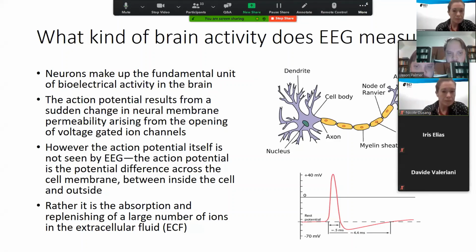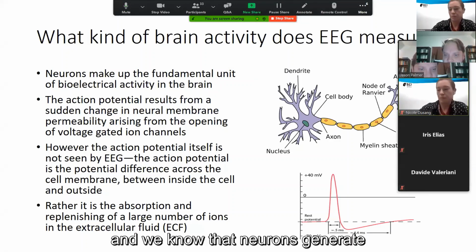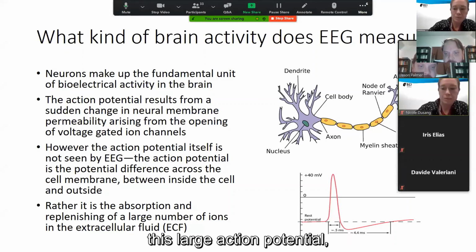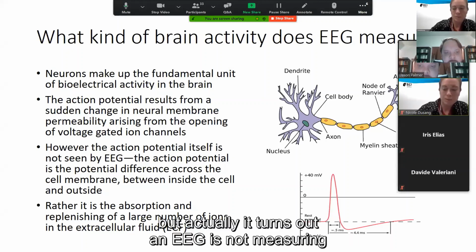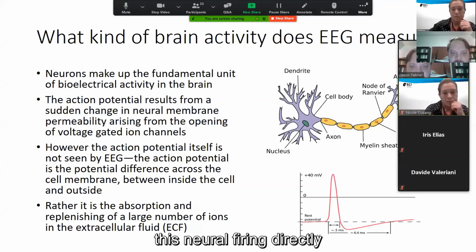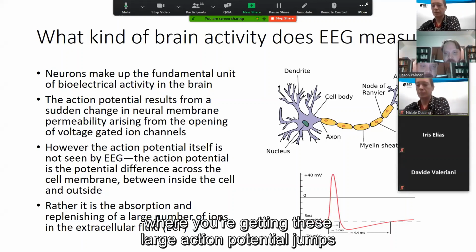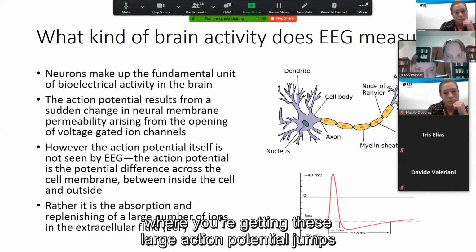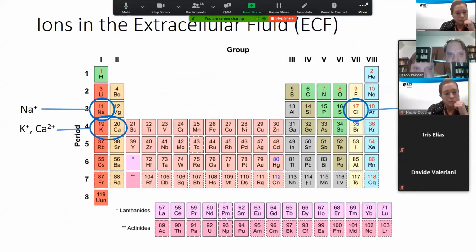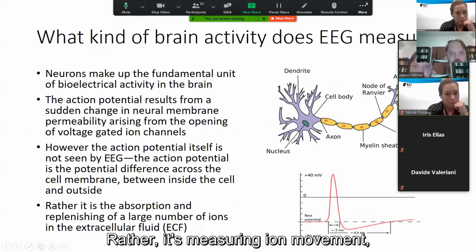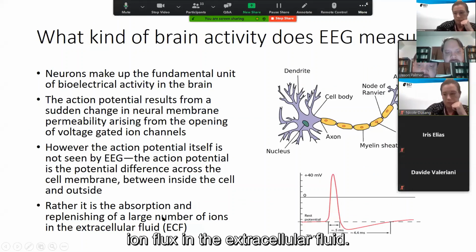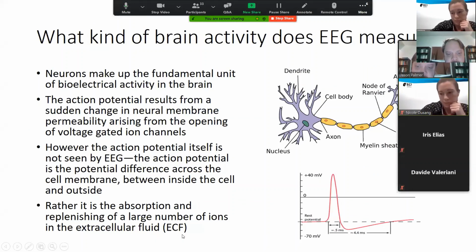And we know that neurons generate this large action potential, but actually it turns out that EEG is not measuring this neural firing directly, where you're getting these large action potential jumps registered by the EEG. Rather, it's measuring ion movement, ion flux in the extracellular fluid.